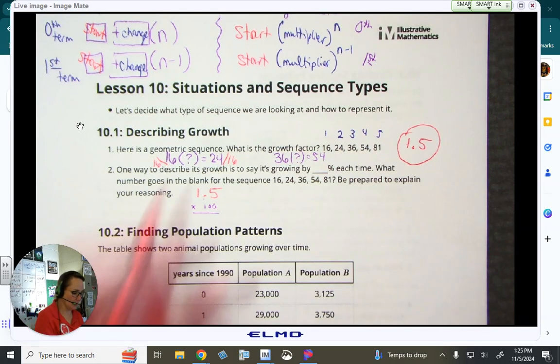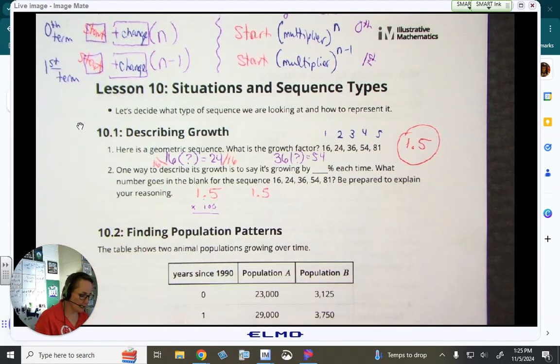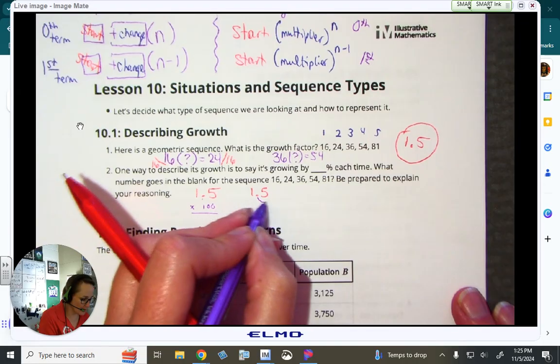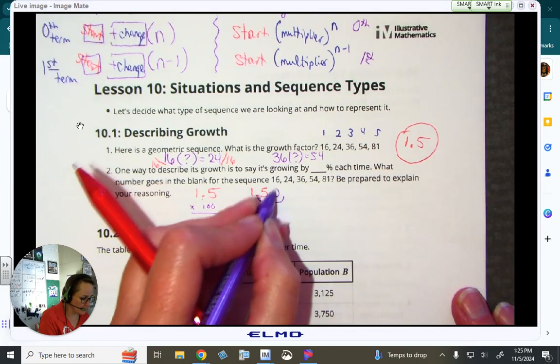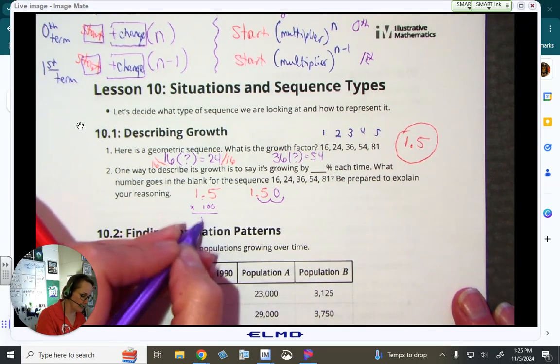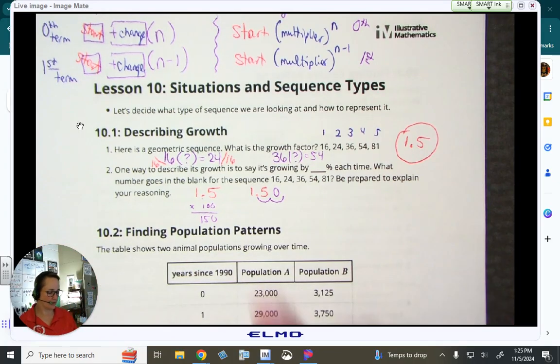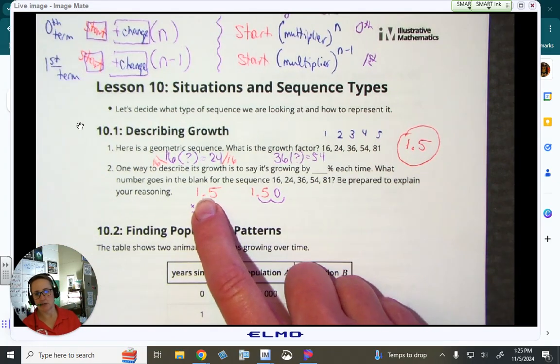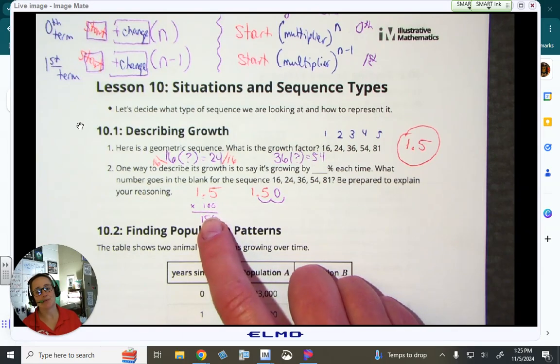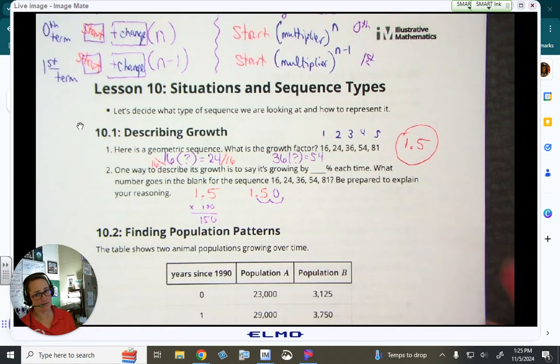Or some people, like me, learned it by moving that decimal 2 times to the right to give us 150. Multiplying this by 10 would give us 15. Multiplying it by 100 gives us 150.